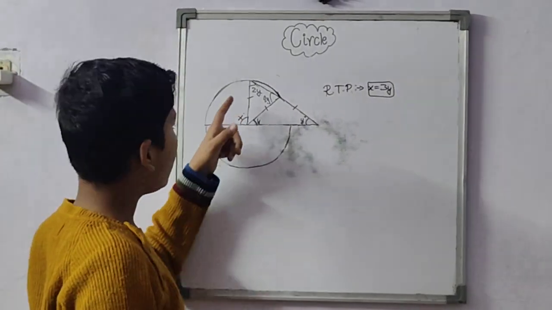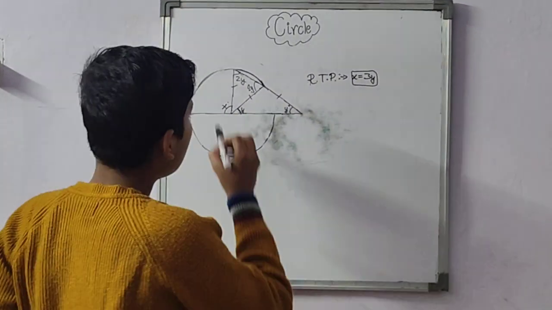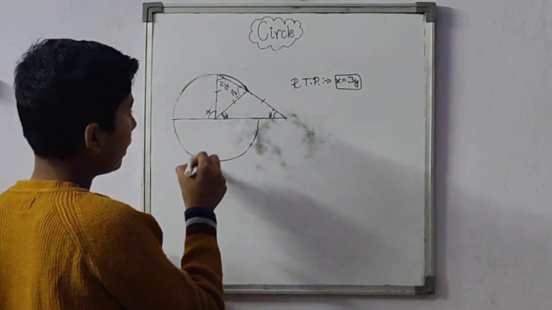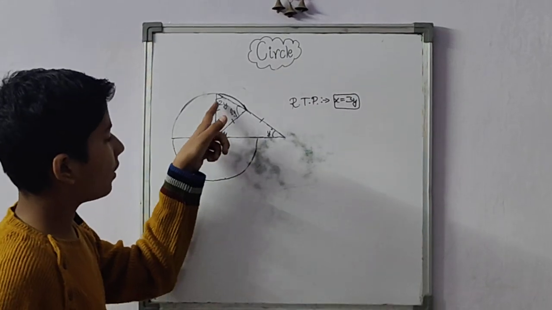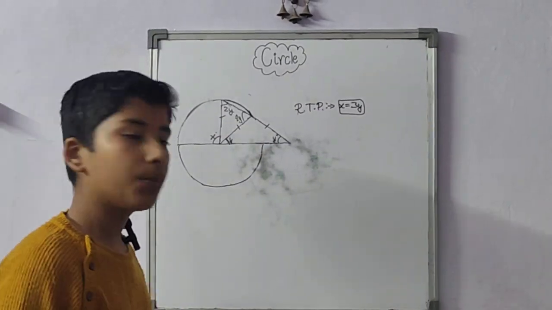So now if you see in this big triangle, this is 2y, this is y, so angle x will be angle this one plus this one, exterior angle property.